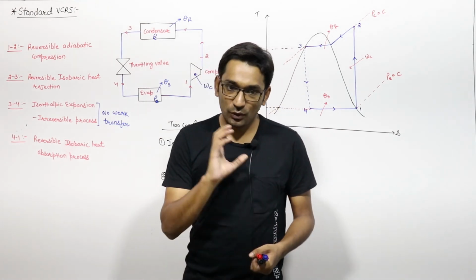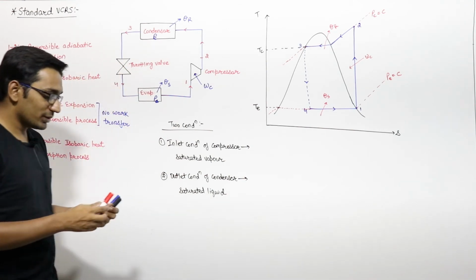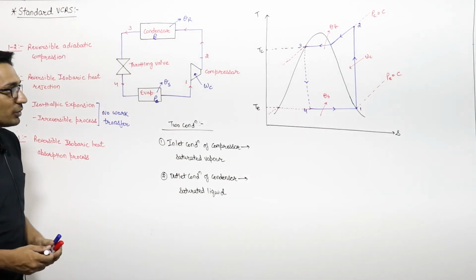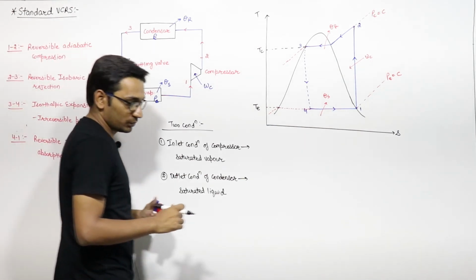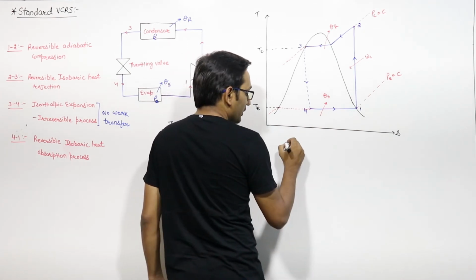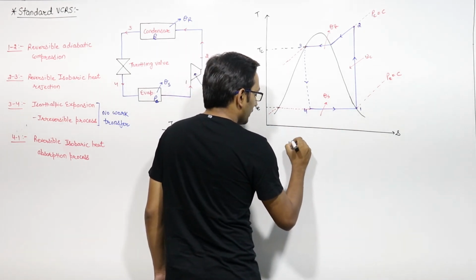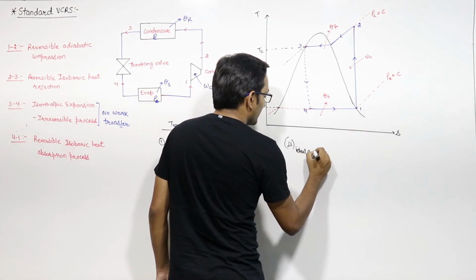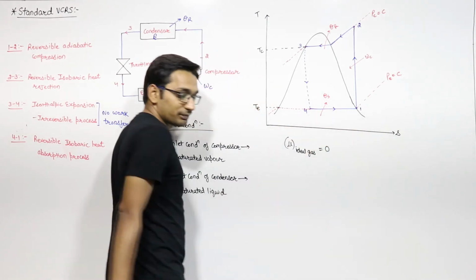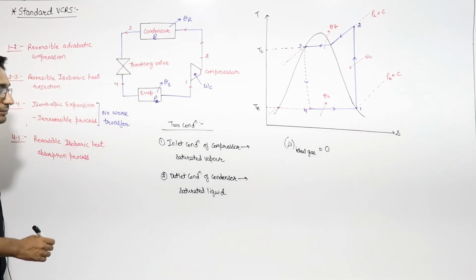Now if you go through that concept, you know that the Joule-Thomson coefficient for the ideal gas is 0. We already discussed it.